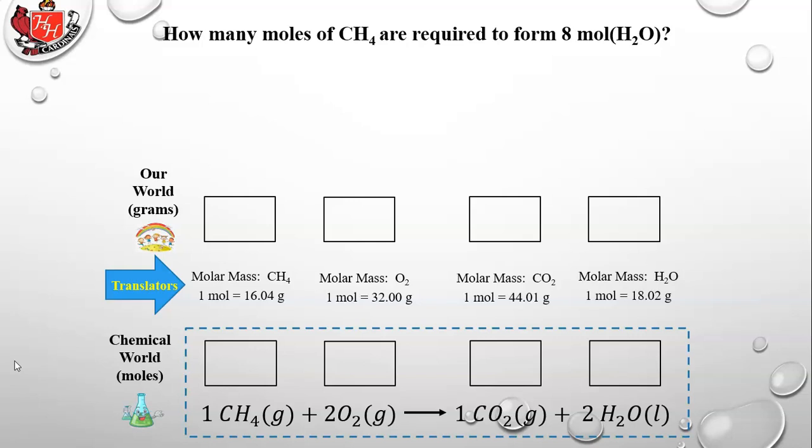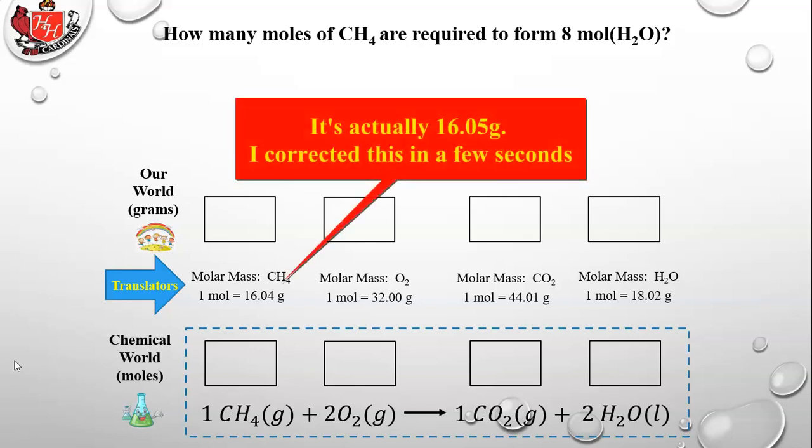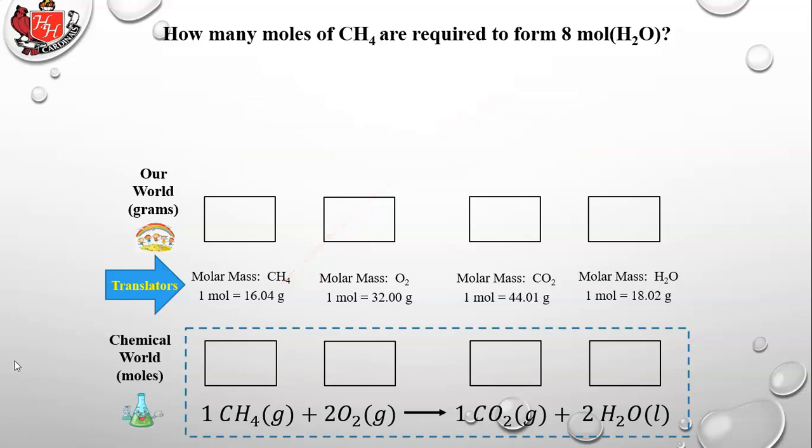In order to do that, we need the translators. So for CH4 methane, 1 mole equals 16.04 grams. That's what you worked on in the last lesson, how do you figure that out? You take 1 mole of carbon, that's 12.01. You get that off your periodic table. And from now on, instead of atomic mass, those numbers below each element, we're going to call them molar mass.